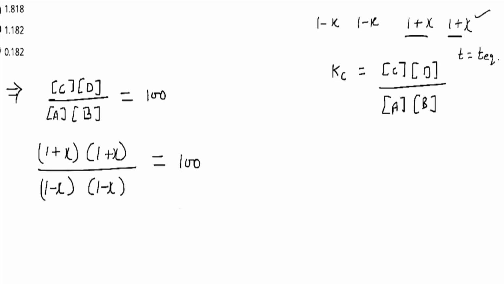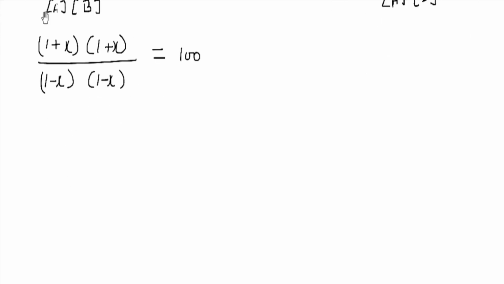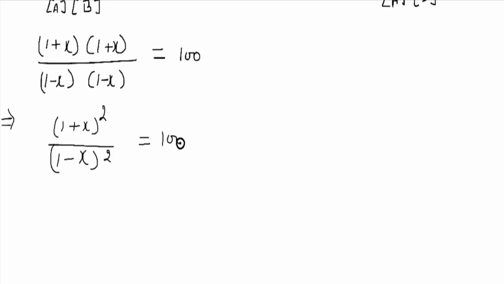Further solving, it becomes (1 plus x) whole squared divided by (1 minus x) whole squared equals 100. Taking the square root on both sides, we get (1 plus x)/(1 minus x) equals 10.